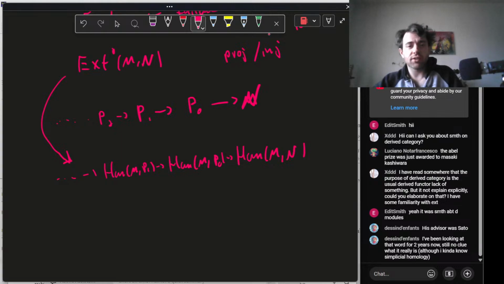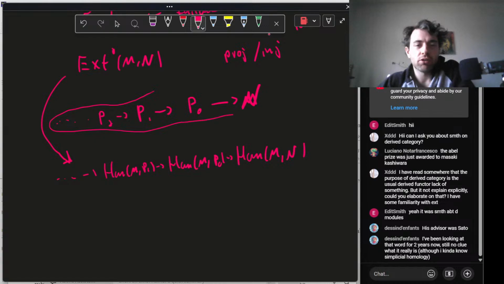And the thing is, it didn't really matter what complex we took. All it needed to be was a projective resolution. There's some theorem that says if you had chosen a different projective resolution to start with, then you still get the same Ext group up to isomorphism, right?